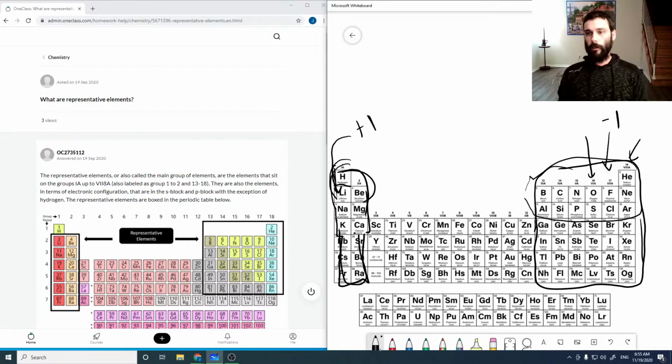Oxygen and sulfur are fairly well behaved, tend to form -2 charges, and carbon and silicon basically act similar, but of course carbon has become the base of all life for a reason, because it's much more abundant. Yeah, so that's essentially what I would consider are the representative elements.